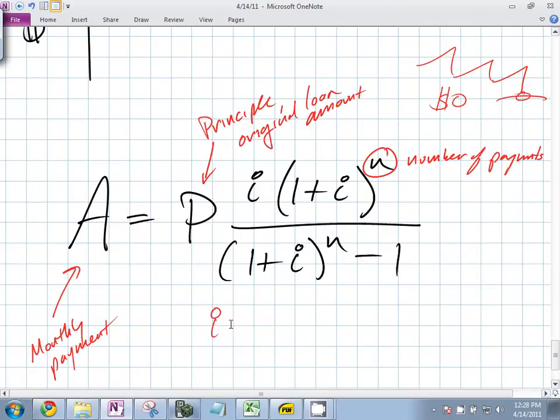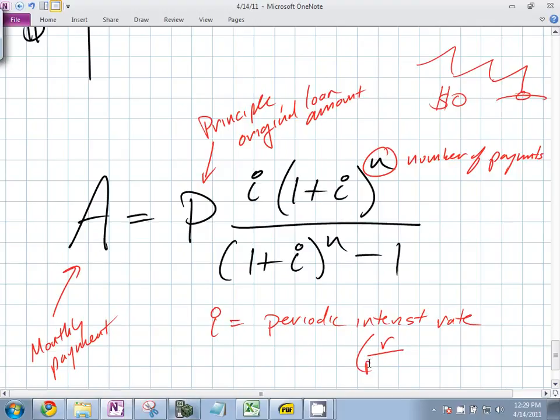I, in this case, is going to be the periodic interest rate. Whoever's clicking plastic back there needs to stop. What I mean by that is we call it R divided by the period. We've been looking at the yearly interest rate. What do we divide the yearly interest rate by if we want the monthly interest rate? Divide by 12. Yeah.